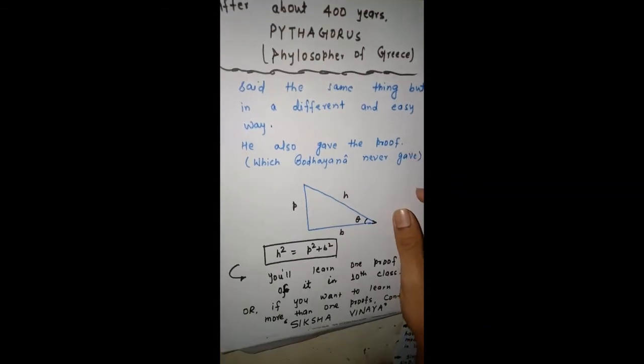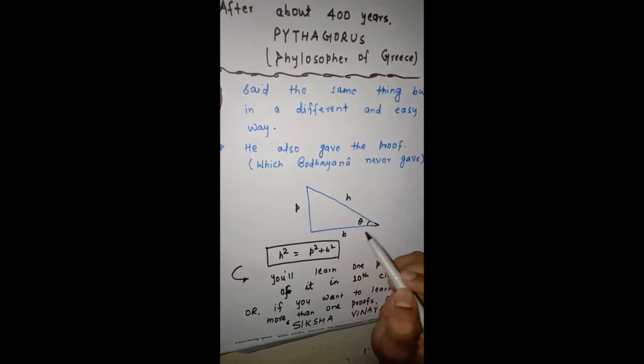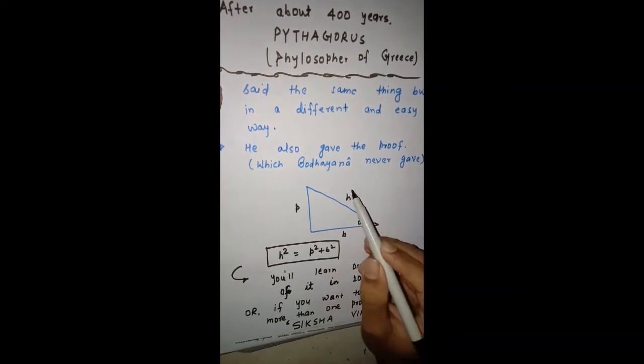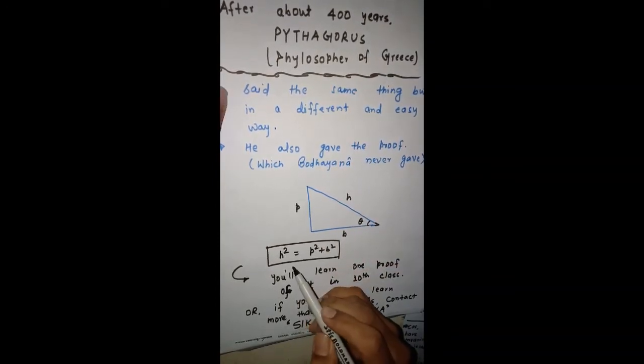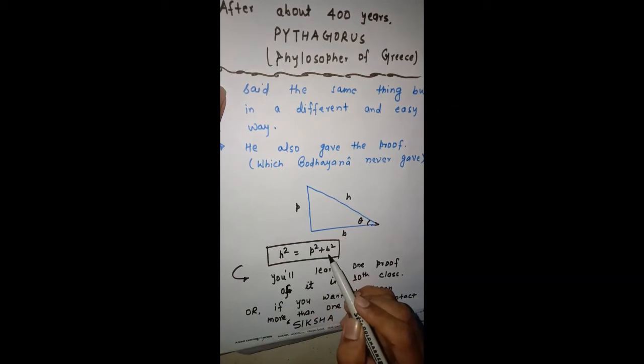What was the statement? You all know that if your angle of consideration is here theta, then it becomes P and B and H. So the famous formula, you already know about it. H square equal to P square plus B square.